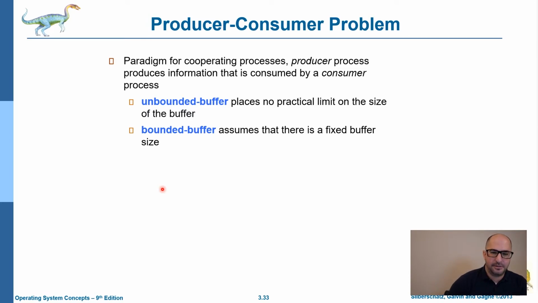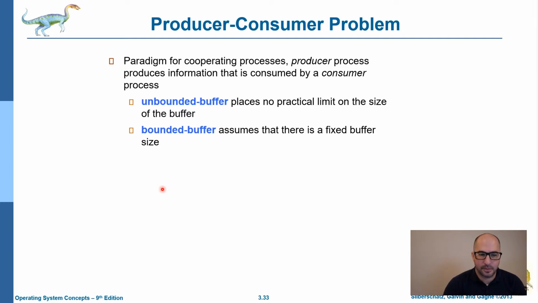If the producer can create an unlimited number of sprockets to be consumed, then that's an unbounded buffer version of the problem.